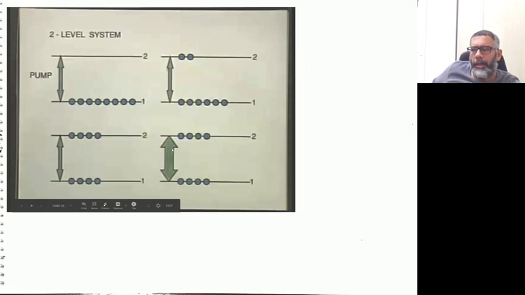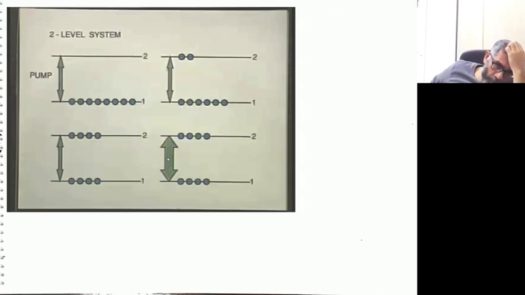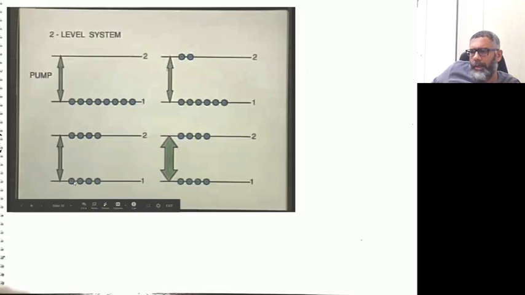Even if you increase the pumping rate, this will never change, because you have equal probability to absorb this extra photon by the ground state atoms or by the excited level atoms. So if you have equal chance, you wouldn't expect N2 to become larger than N1. You reach this level, and then you stay there forever.